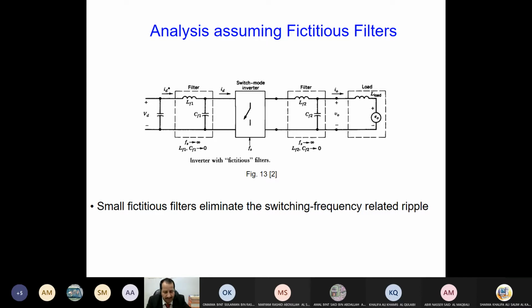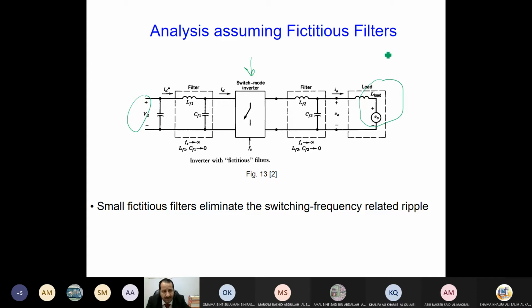But now, this is my inverter, okay? Half bridge, full bridge, doesn't matter. What is important is that this is my load, let me say an AC motor, and this is my supply. Let me say it is a battery, a solar cell, a rectifier, whatever it is, a DC-DC converter.